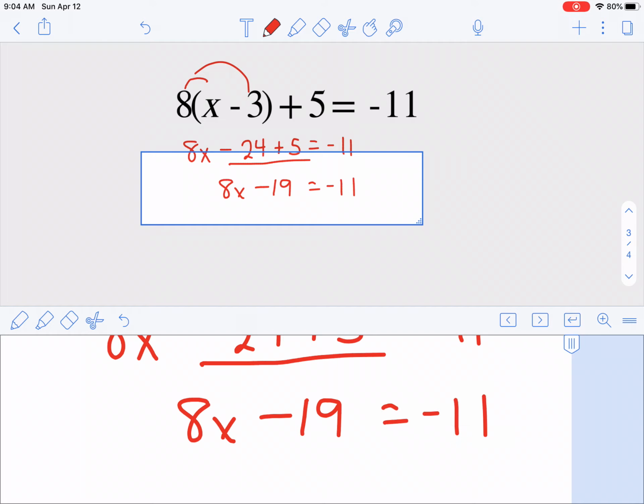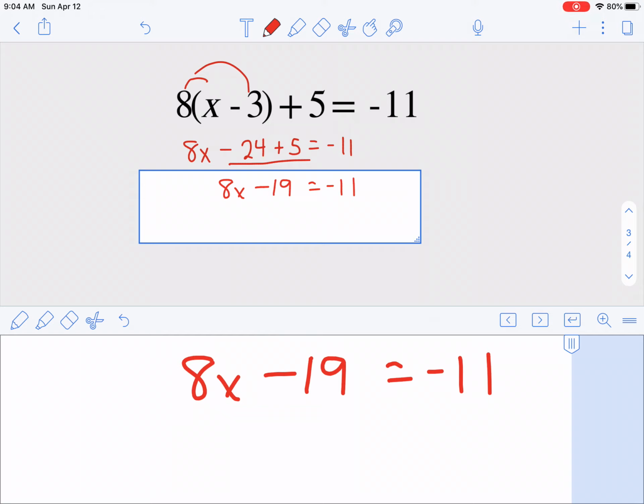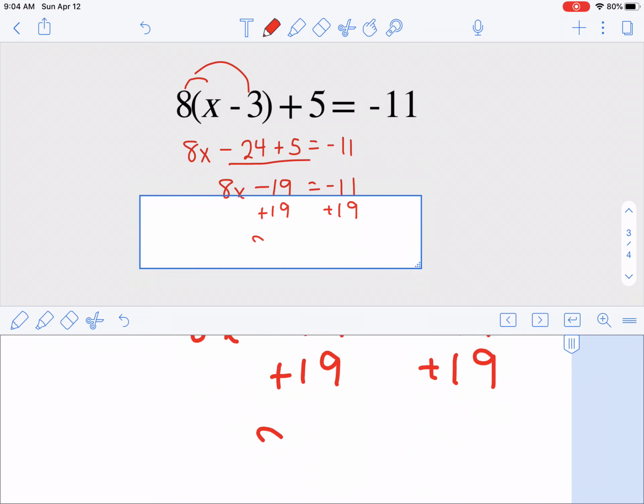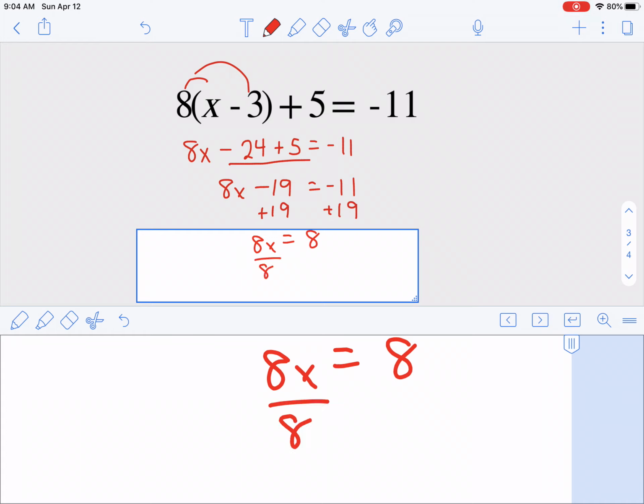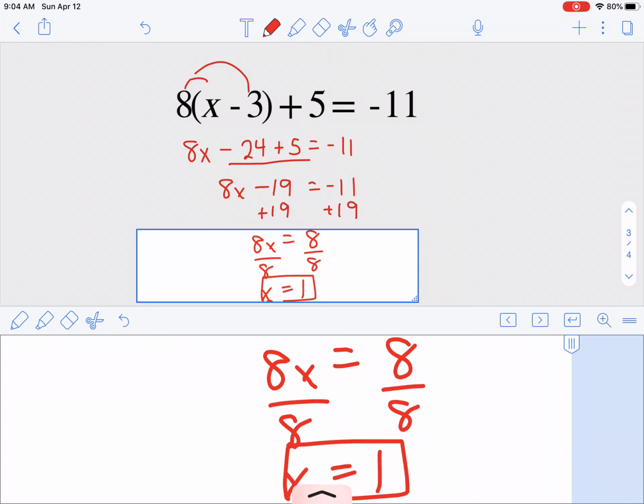Like that. Now notice it's a two-step equation. Add 19 to both sides. We get 8x is equal to 8. Divide by 8, and we get x is equal to 1.